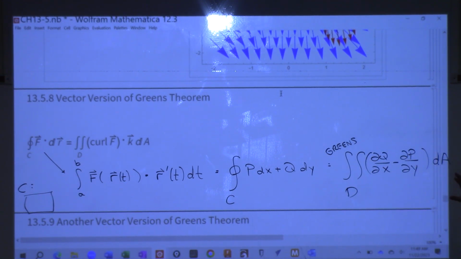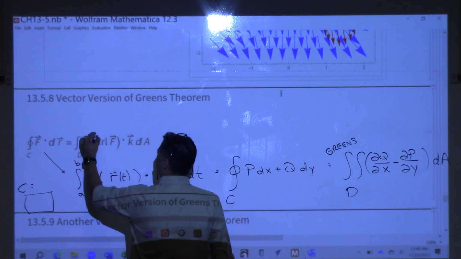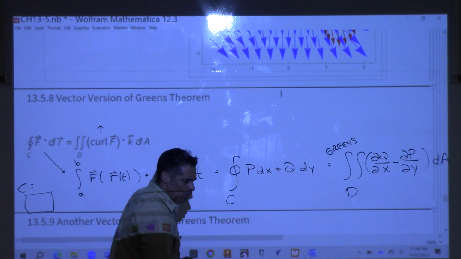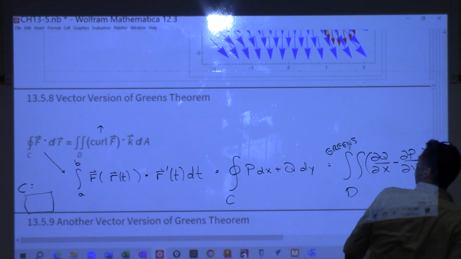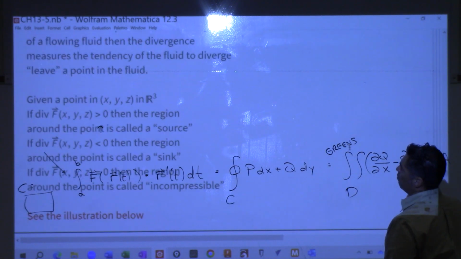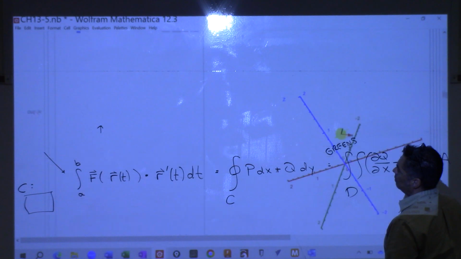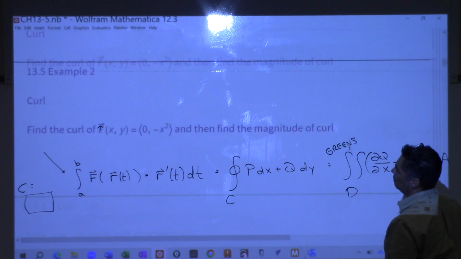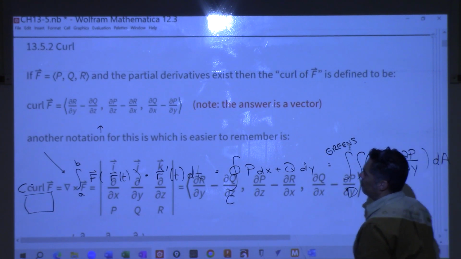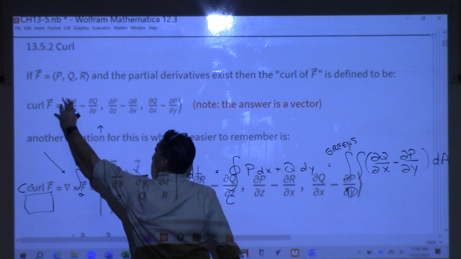So this piece right here, what they're trying to show you with this formula is that if you take the curl of f, what was the curl of f? Well, it's up here, way up here, right? Curl of f. Right there. That's the curl of f, right?